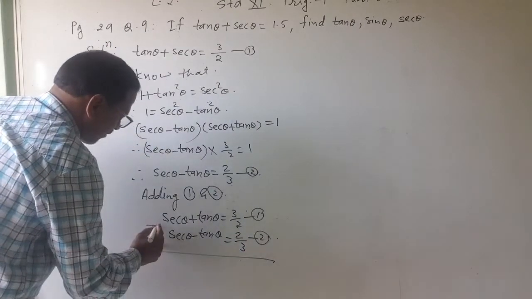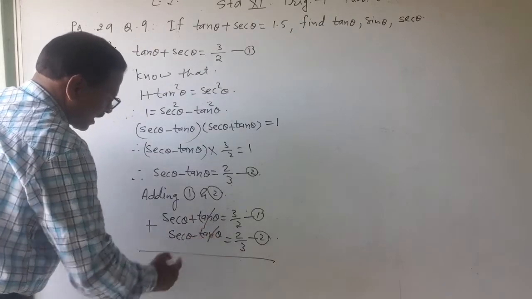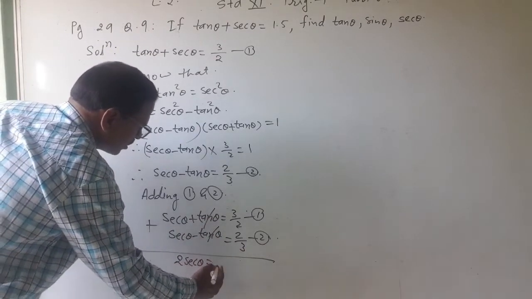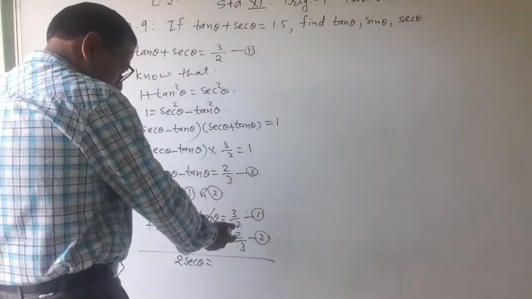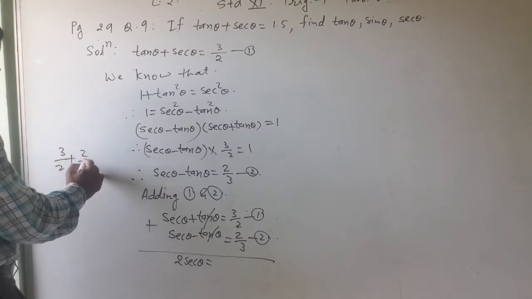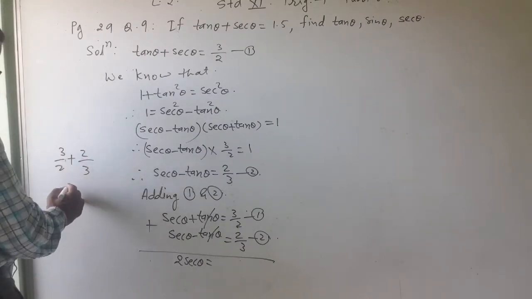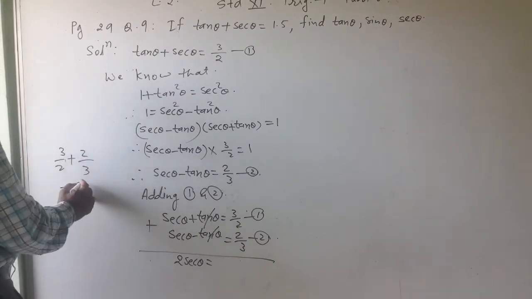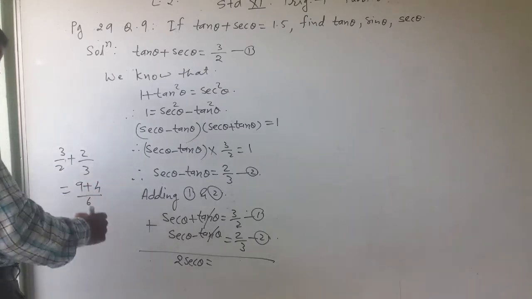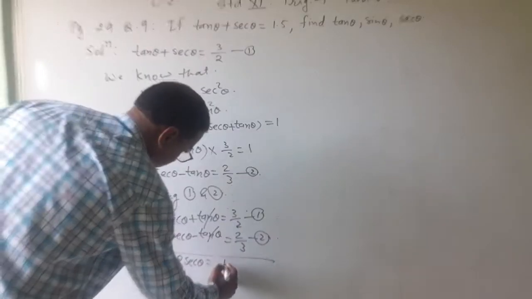We are adding them, so tan theta cancels. So 2 sec theta is equal to 3 upon 2 plus 2 upon 3, that is equal to 3 threes are 9 plus 2 twos are 4, upon 6. So 13 upon 6.